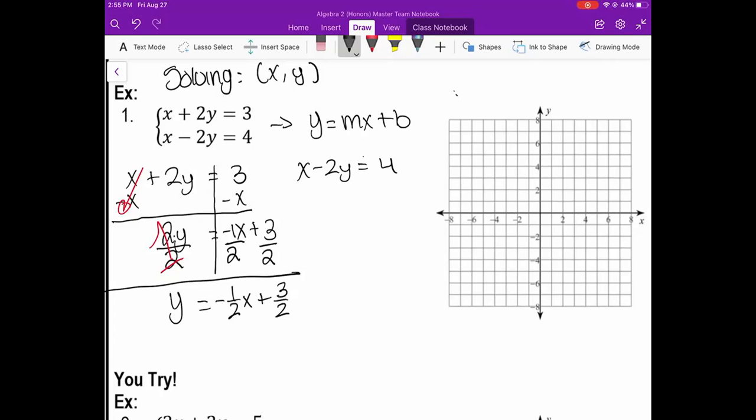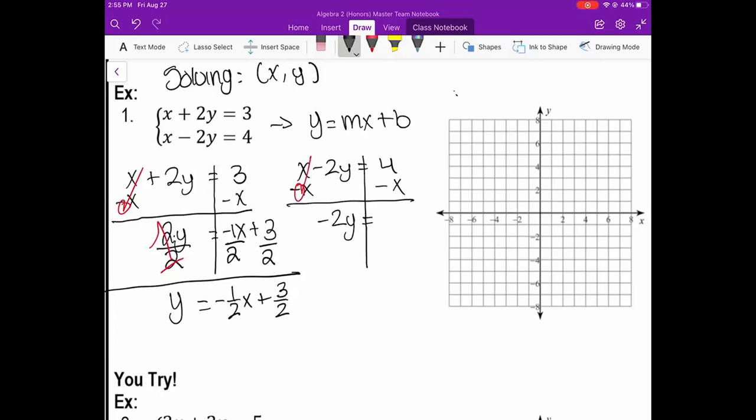All right, the second one, same thing. I got to get the y by itself. So opposite of x, it's negative x. So I'm going to subtract x to both sides. I'm going to draw the line, and x minus x equals 0. I'm going to drop negative 2y equals, and again, just like the other problem, 4 minus x, they're not like terms.